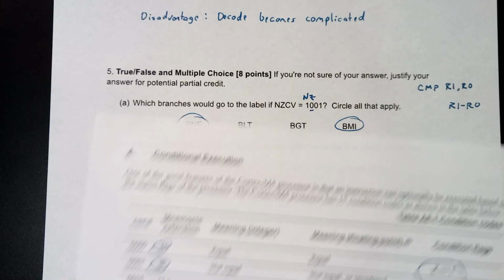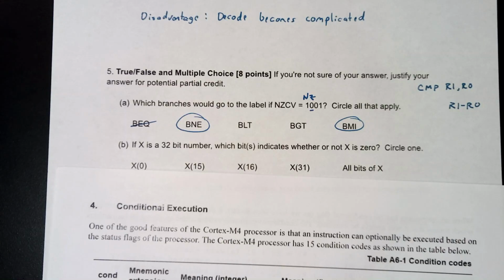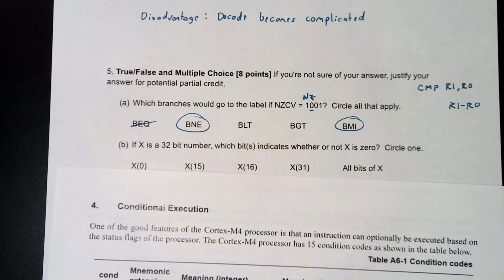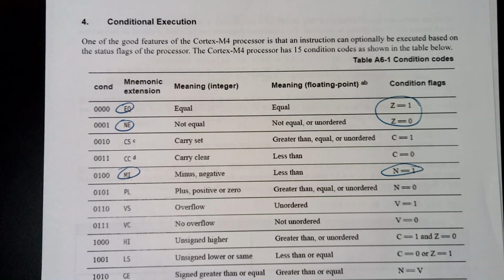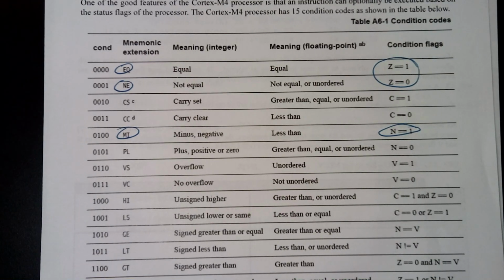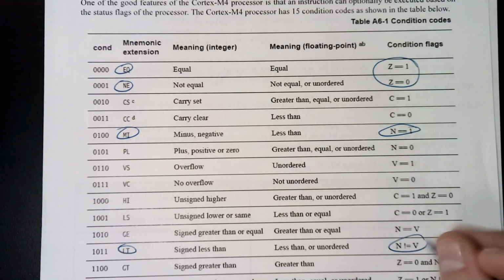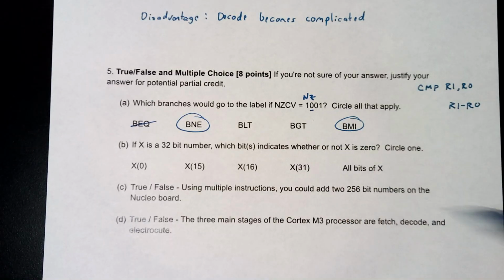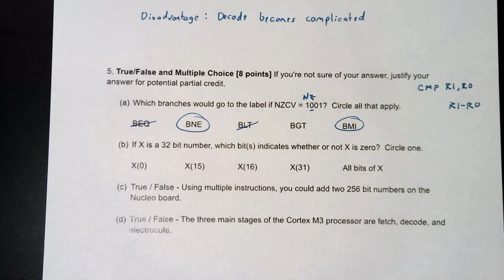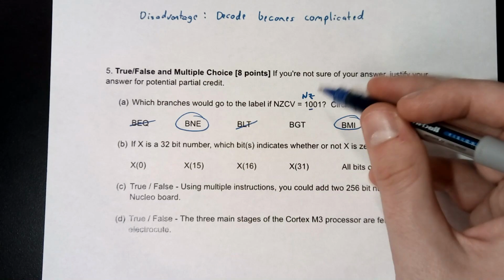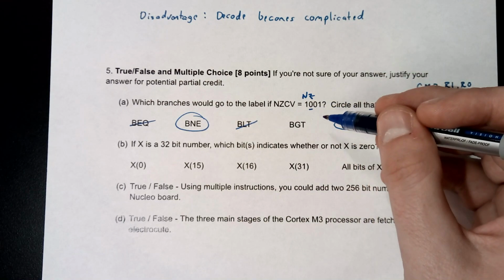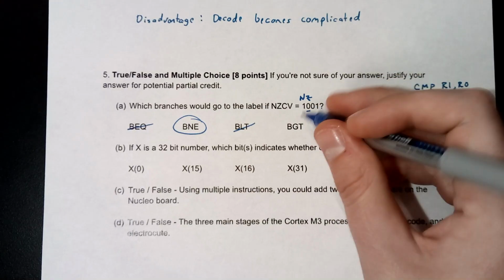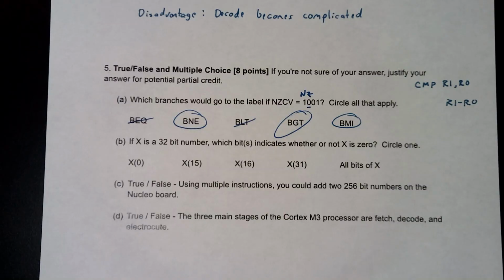So we're just checking those to see what works. BLT, signed less than, down here on the page is N is not equal to V. So let's check. We've got N is equal to 1, V is equal to 1. So that's not going to be true, right? BLT doesn't work. BGT is Z equals 0, which is true. And N is equal to V, which is also true. So BGT is going to be fine as well.